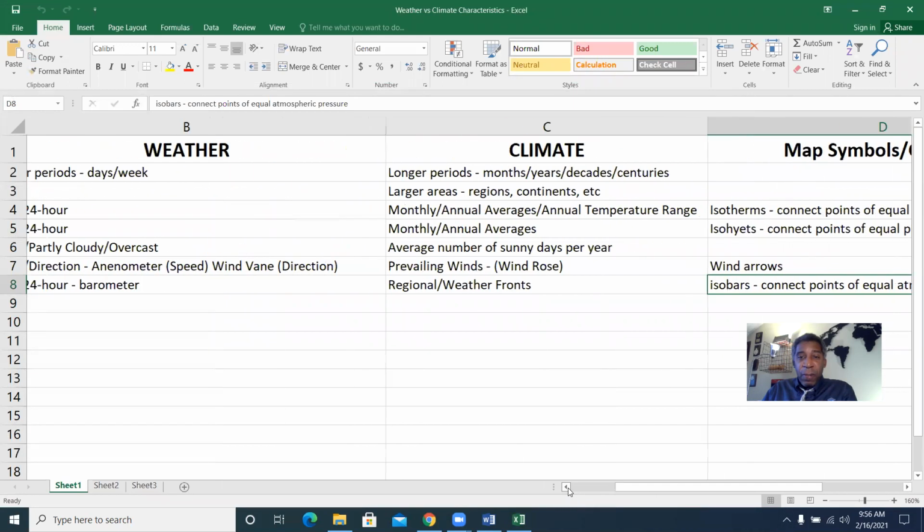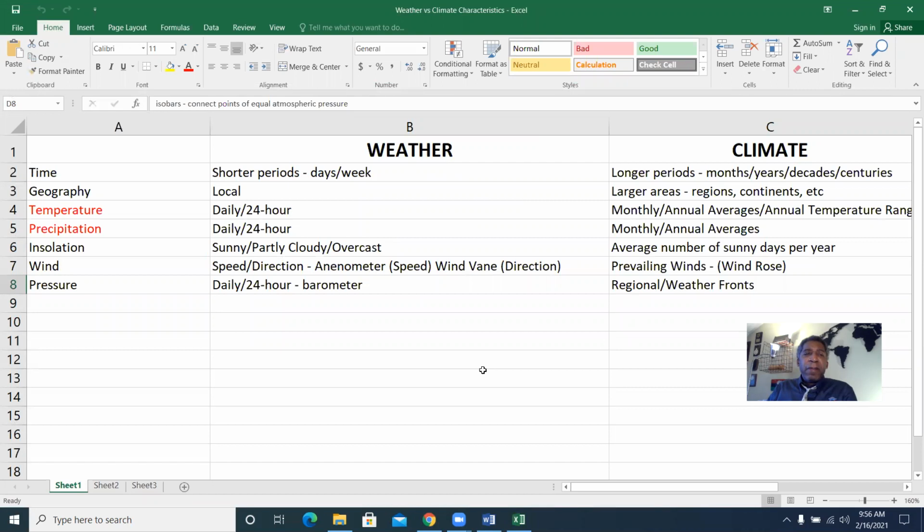First, when we speak of weather and climate, what's similar is that we're talking about atmospheric conditions.